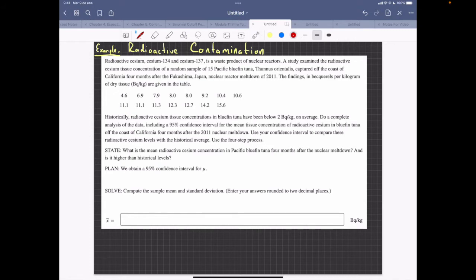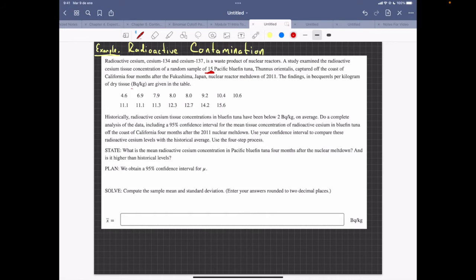The study examined the radioactive cesium tissue concentration of a random sample of 15 Pacific bluefin tuna, Thunnus orientalis, captured off the coast of California 4 months after the Fukushima, Japan nuclear reactor meltdown of 2011. The findings in becquerels per kilogram of dry tissue are given in the table.